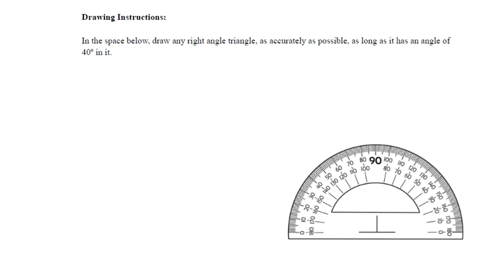In the space below, I want you to draw a right angle triangle. So we're talking about a right triangle. Very important. As accurately as possible. The only other restriction we have on our triangle is that it must be right. And now we have to put a 40-degree angle in it.